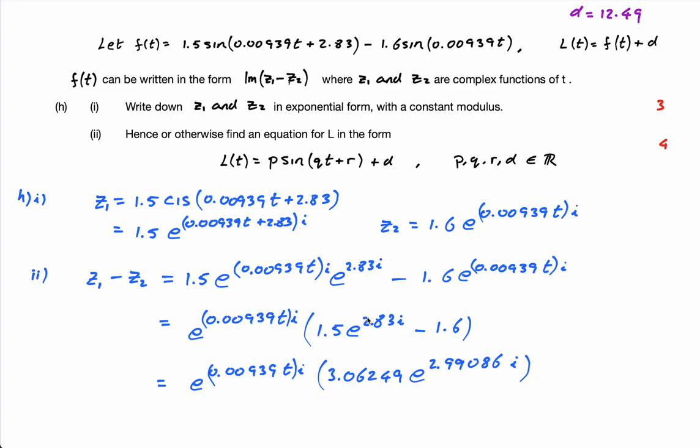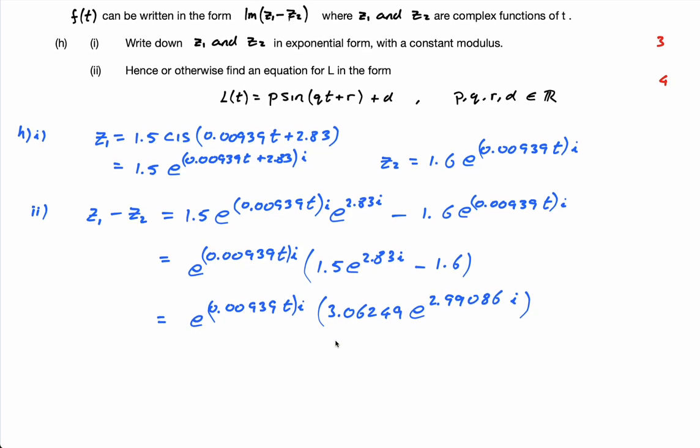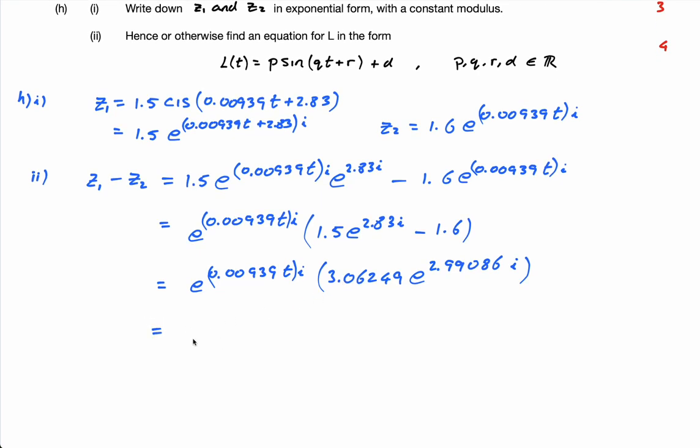And then what can I do with this? Well, I can take out the 3.06249 in front, and then again I can add the powers here using our first laws of indices, and it's e to the 0.00939 t plus 2.99086 i, like this.